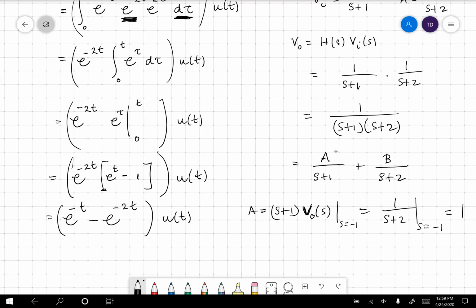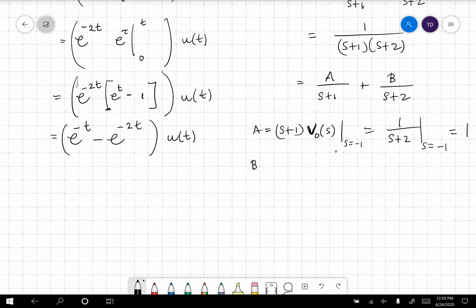That's equal to 1. And then B is equal to s plus 2 times VO of s, evaluated when s equals minus 2, equals 1 over s plus 1. When s equals minus 2, that's equal to minus 1.